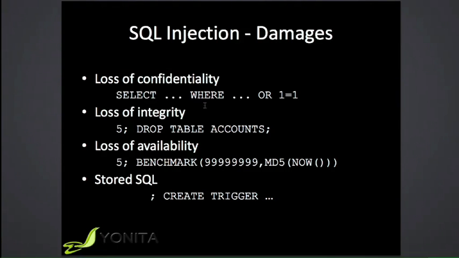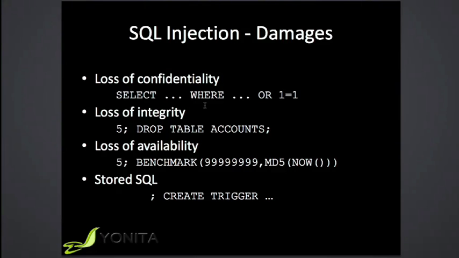Sensitive data can be exposed to a hacker. We can experience loss of integrity, like a hacker can modify our database, modify data, modify the structure of our database, and so on.